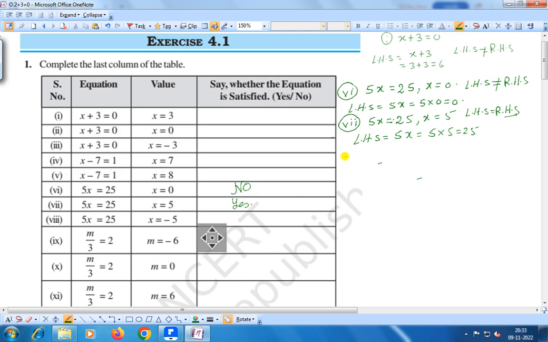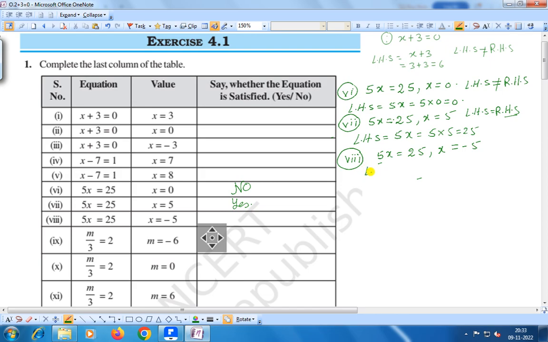Now question number 8. Question number 8 is 5x is equal to 25, where the value of x is minus 5.